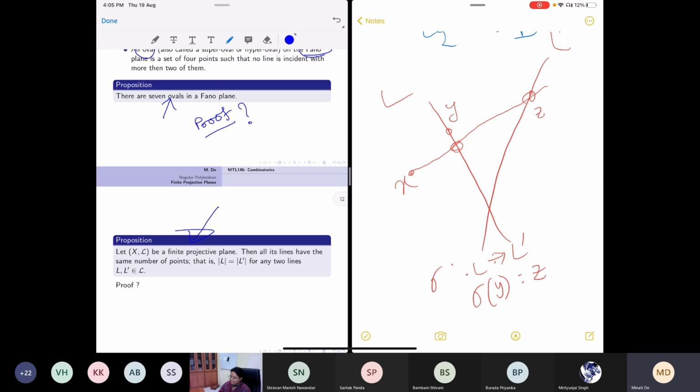Now we need to show that this point is the same as the point y, or in other words, the lines xy and xz are actually the same line. If you can prove that, then that is done. So why should they be the same line?